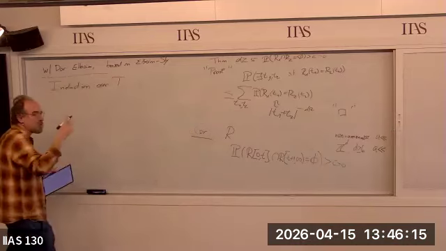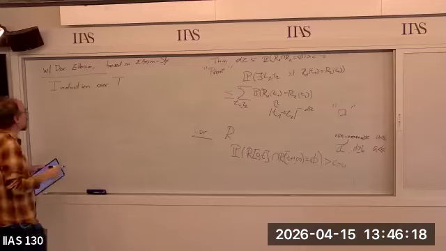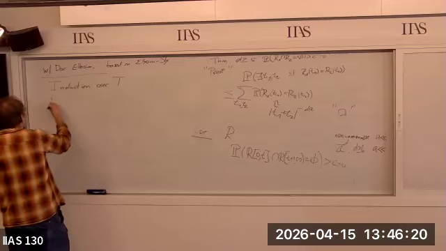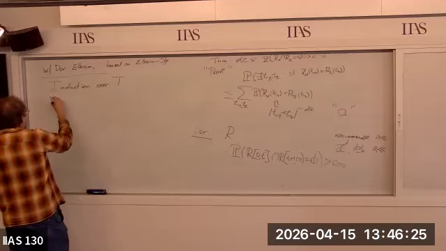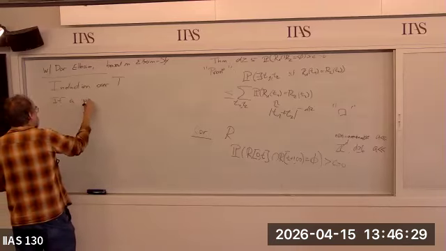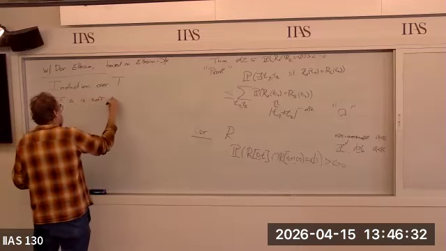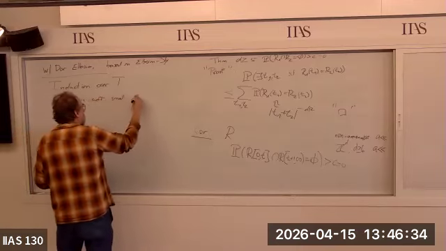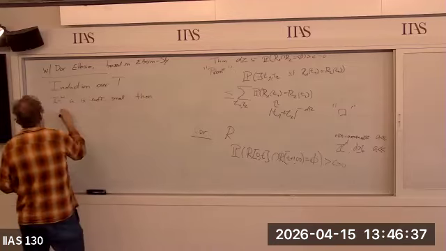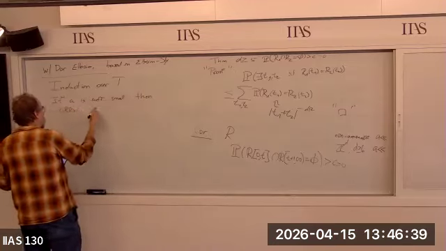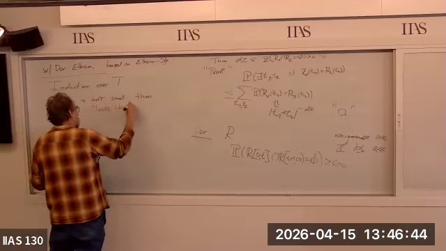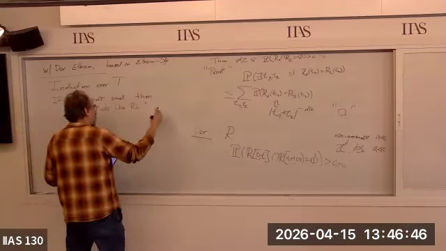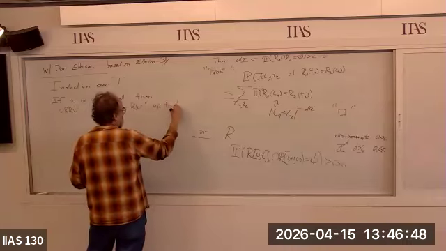Okay, t is time. And what we are going to show, and now comes the vague part, is that if A is sufficiently small, then once-reinforced random walk looks like random walk up to time t.